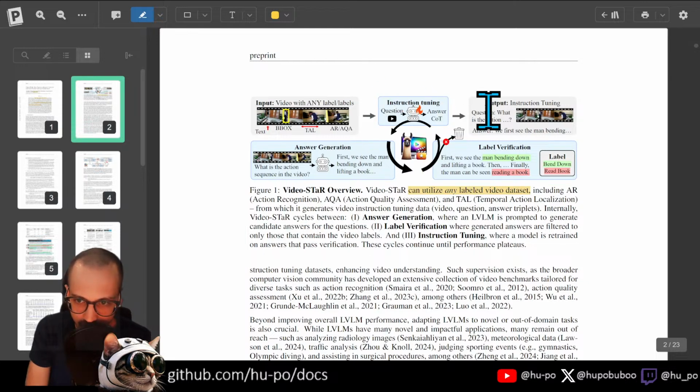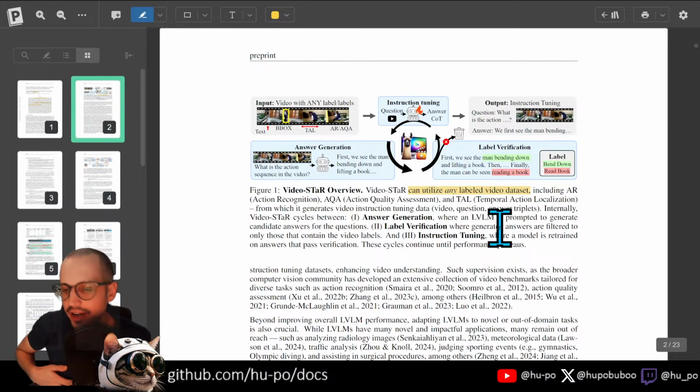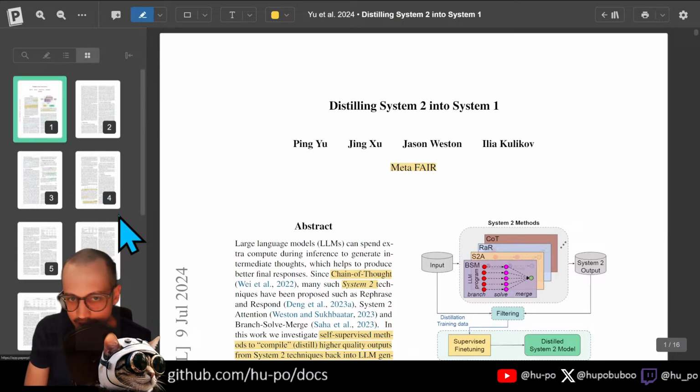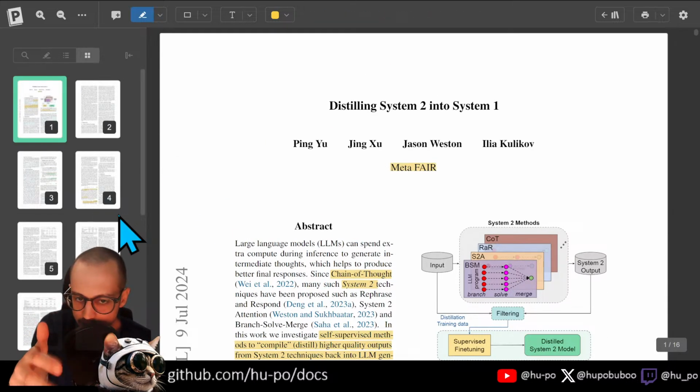So there is the closing of the loop there, where you basically use the filtered output now as a new data set to train the LVLM. So you see here the little robot has the little fire, which means that you're now using its own filtered output to train. It's very similar to this idea here, or this idea here, or all of these ideas, where you're using the model's own output to train a new version of the model.